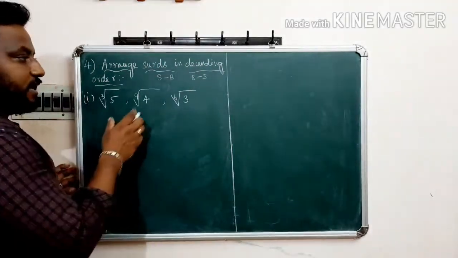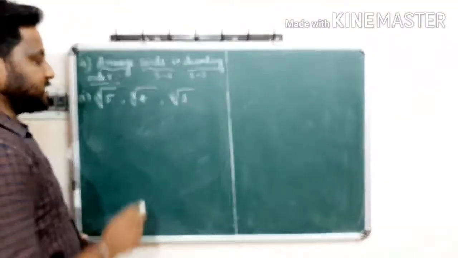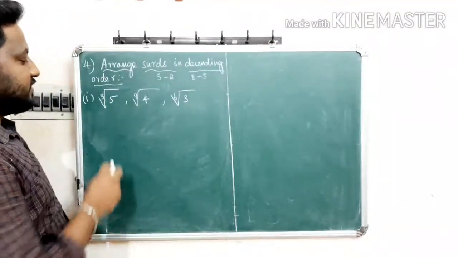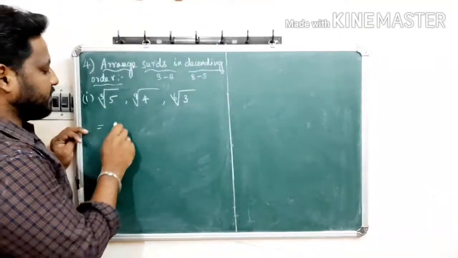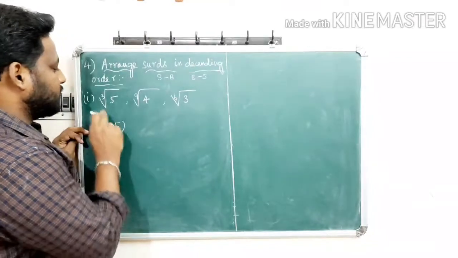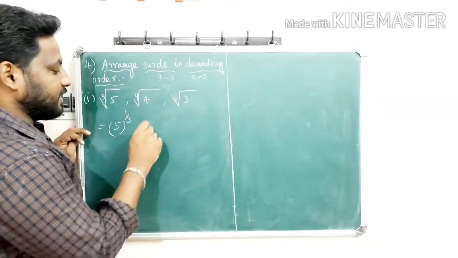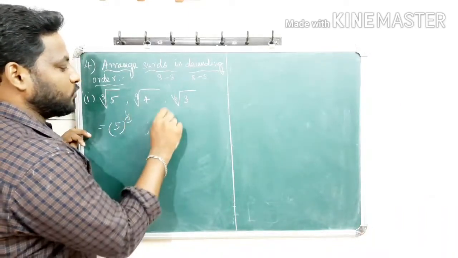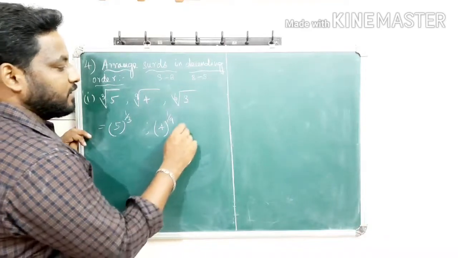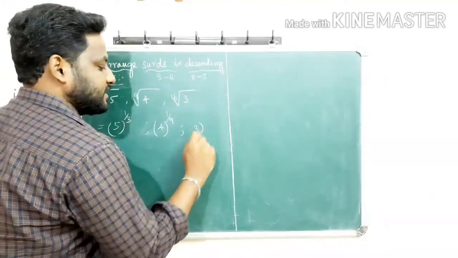The first number is cube root of 5, which is written as 5 power 1 by 3. The second number is 4 power 1 by 9, the 9th root. And the last number is the 6th root, that is 3 power 1 by 6.